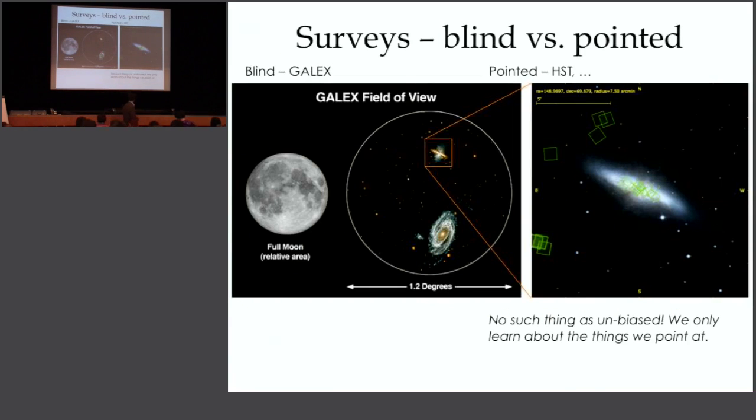This is the picture of GALEX surveys, a huge field of view, one and a bit degrees. HST, if you zoom in on just one galaxy with a frame here, each HST field corresponds to a tiny, tiny fraction.